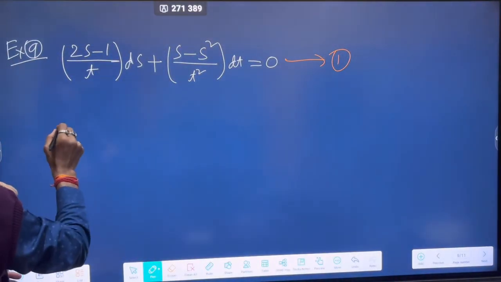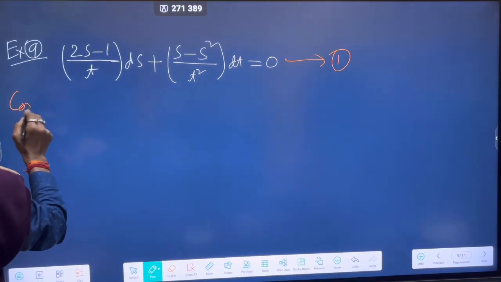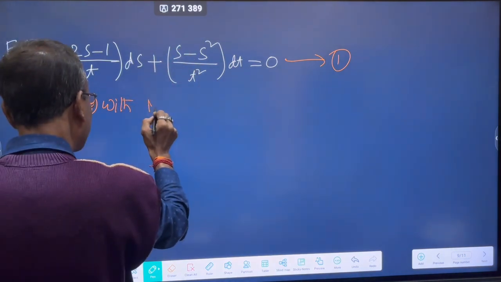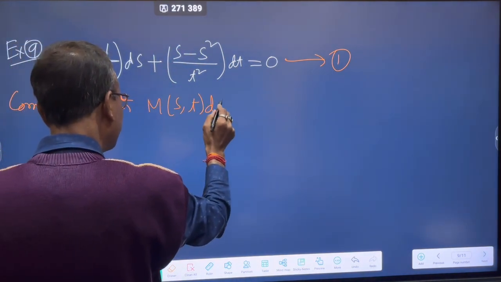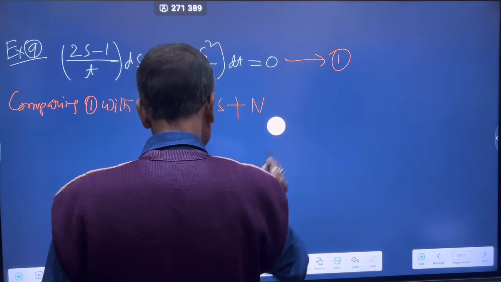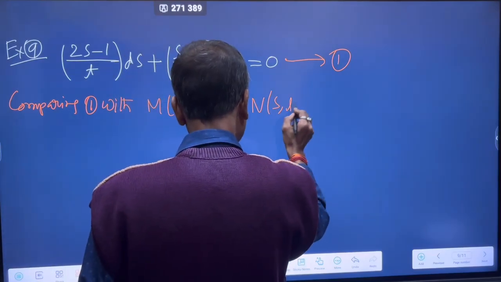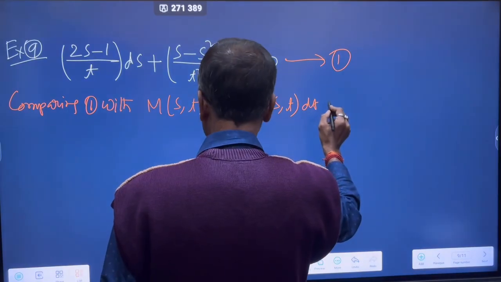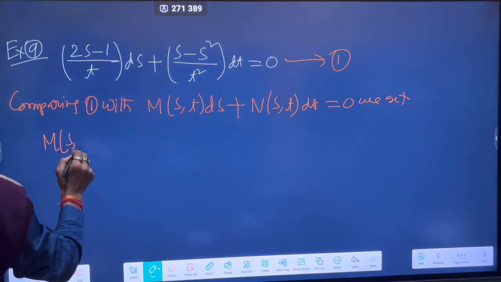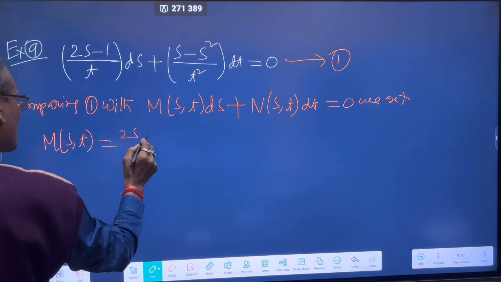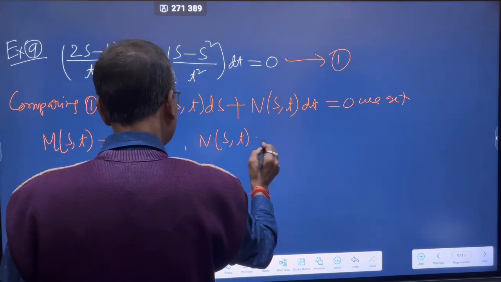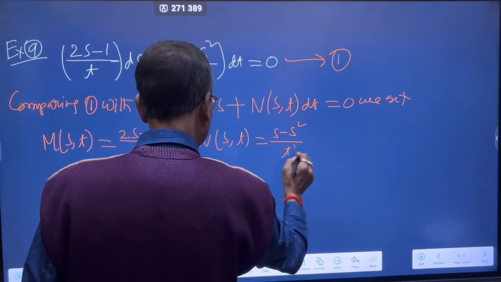Comparing 1 with m ds plus n dt equal to 0, we get m of s and t equal to twice s minus 1 by t and n of s and t equal to s minus s square divided by t square.